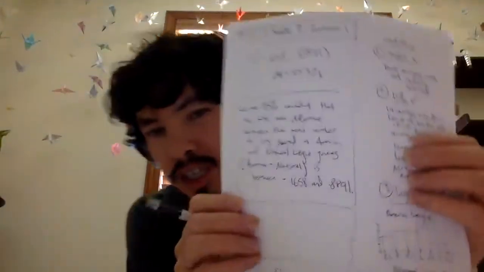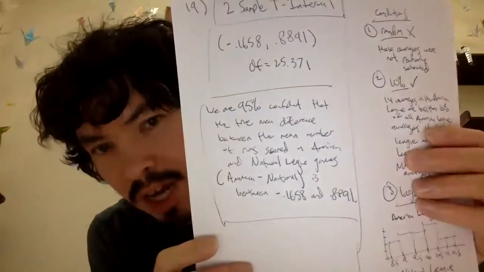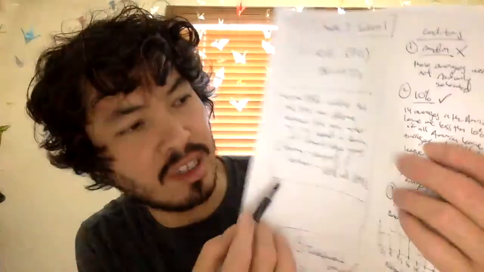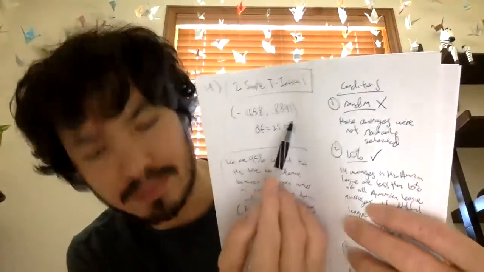Okay, that's confidence interval. So did we conclude that the National League or the American League scores more runs, or that there's a difference? And the answer would be no. Why? Because 0 is in the interval, right?